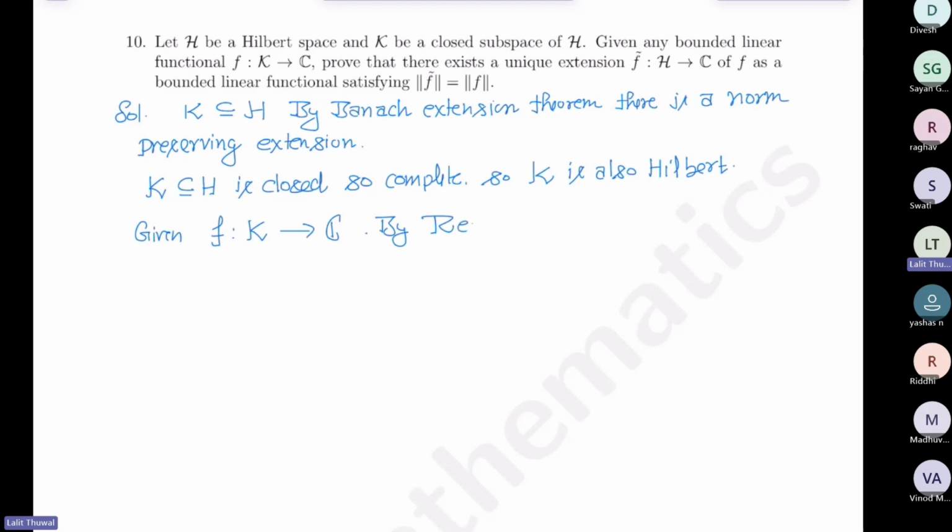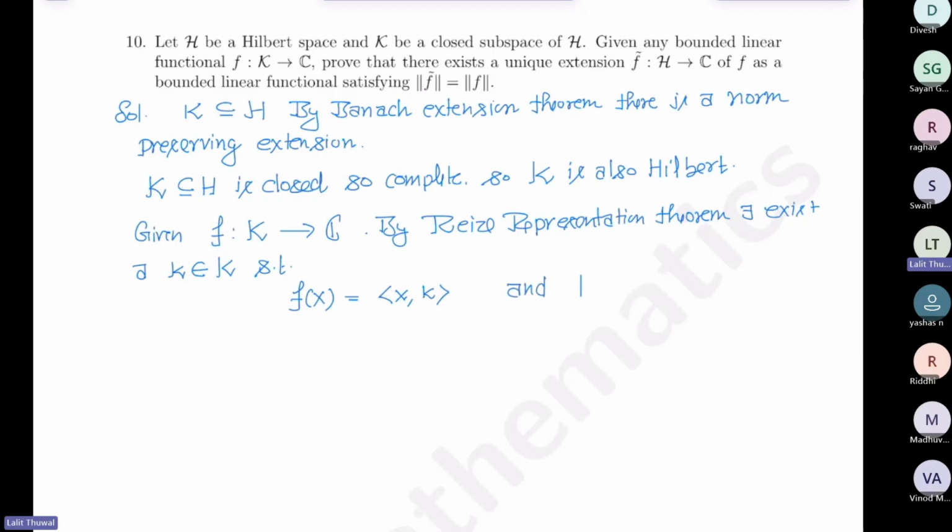So by Riesz representation theorem, there exists x_K belonging to K such that f of x equals the inner product of x with x_K, this is a representation vector, and the norm of f is equal to the norm of the representation vector.